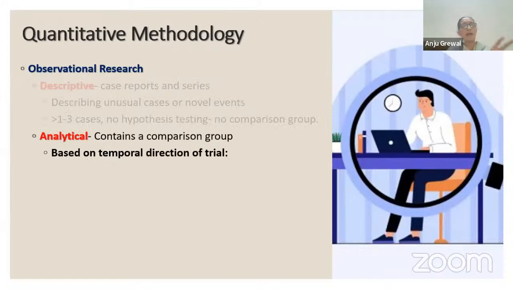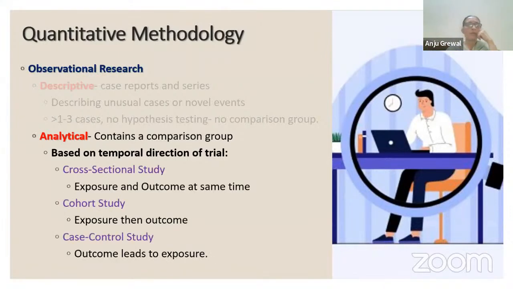On the other hand, the analytical will always contain a comparison group, and they help you to assess some kind of risk, temporal association of risks, or association between the study factors, the risk factors, and the outcomes.